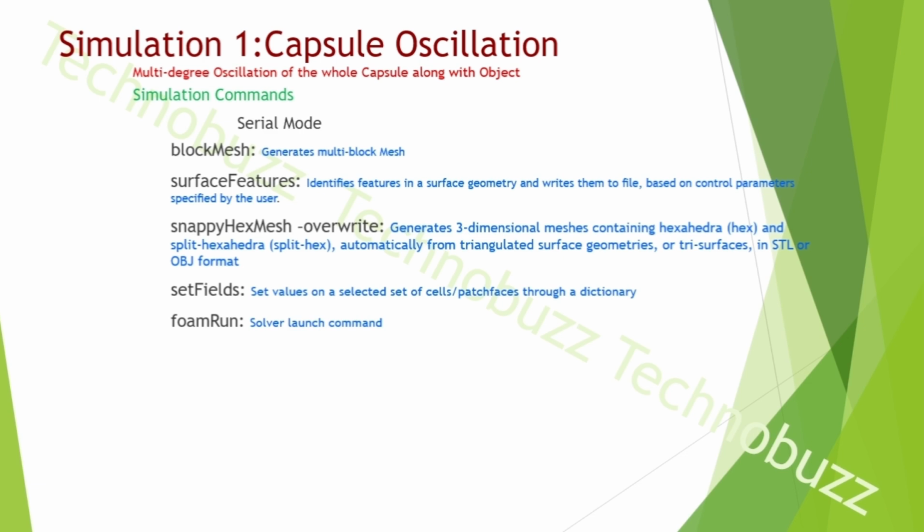This generates three-dimensional meshes containing hexahedra and split hexahedra automatically from triangulated surface geometries or tri-surfaces in STL or OBJ format files. setFields command. This command sets values on a selected set of cells or patch faces through a dictionary. Then finally, the launch command is foamRun. This launches the solver in serial mode.